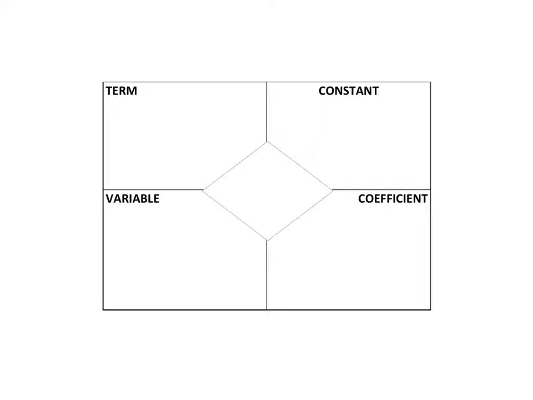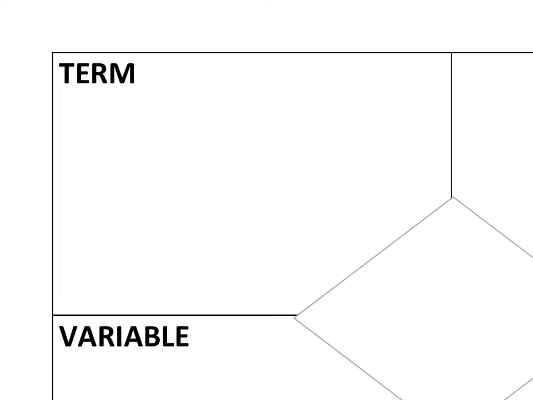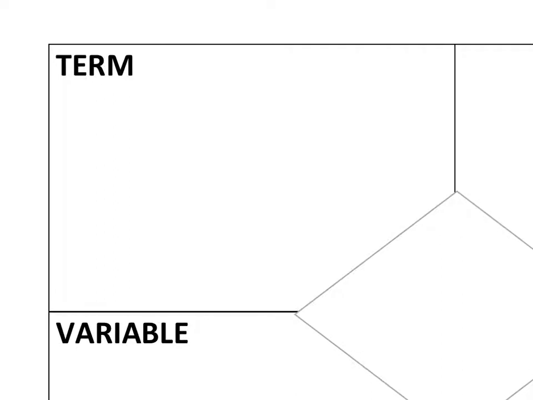Okay, you guys, today we're going to be talking about some vocabulary for our new expressions unit. The first word we're going to go over is term. And a term can be three different things. It can either be a number, it can be a variable, and we'll talk about what that means in just a minute.